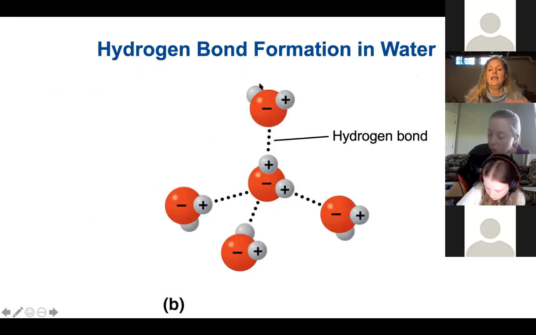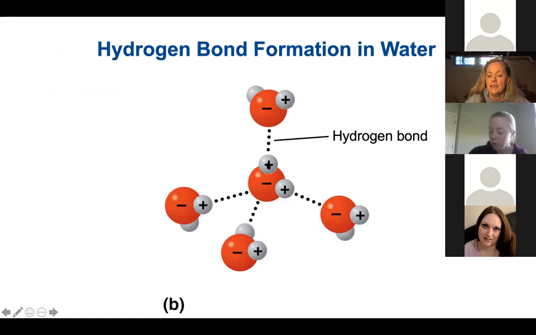So what we see in water, when we have one water molecule and another water molecule and another, and if you have a whole big bottle of water molecules, what they do is they're going to line up alongside each other. And that big partial negative charge on the oxygen is going to line up and face against the partial positive charges on the hydrogens.